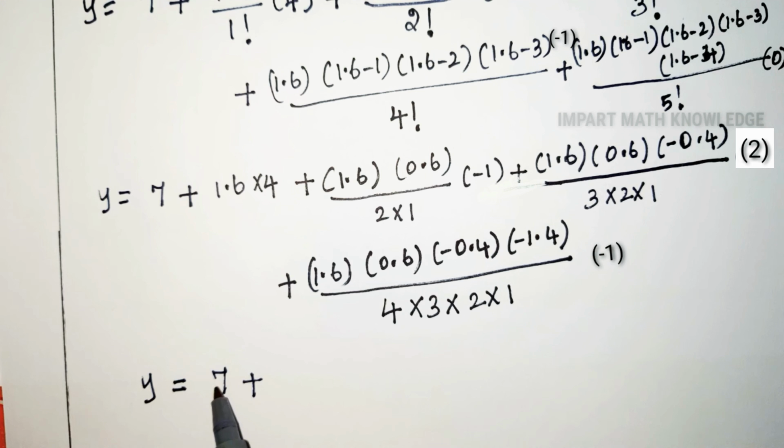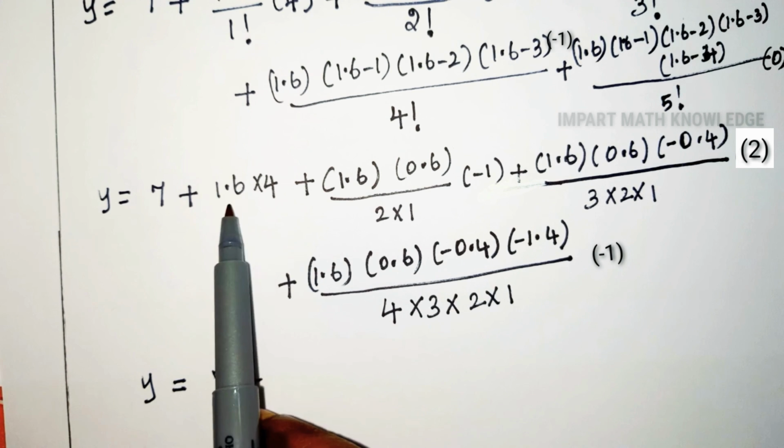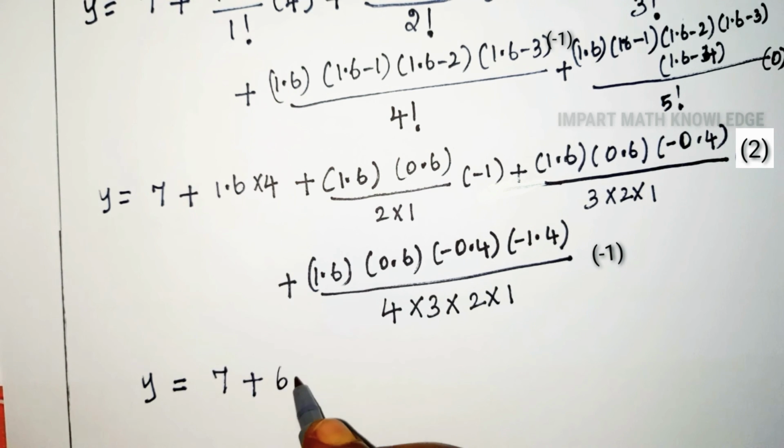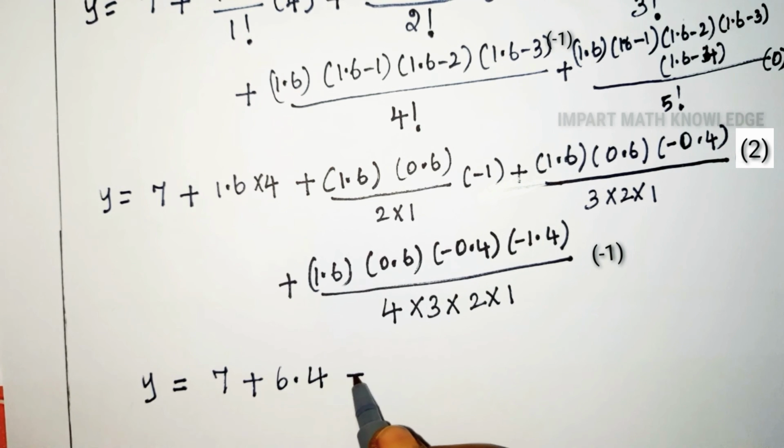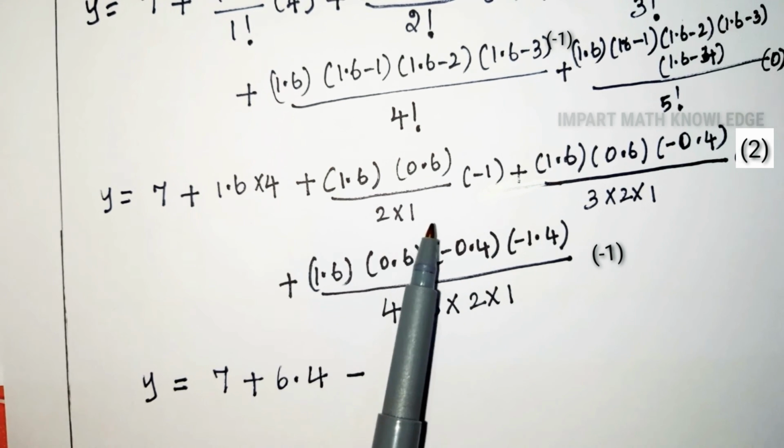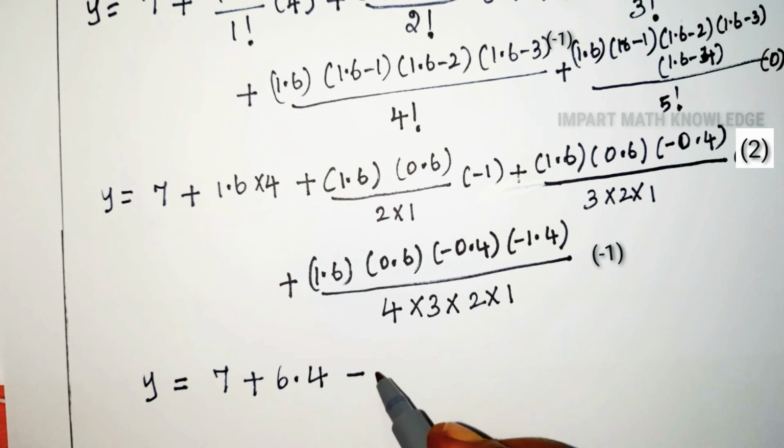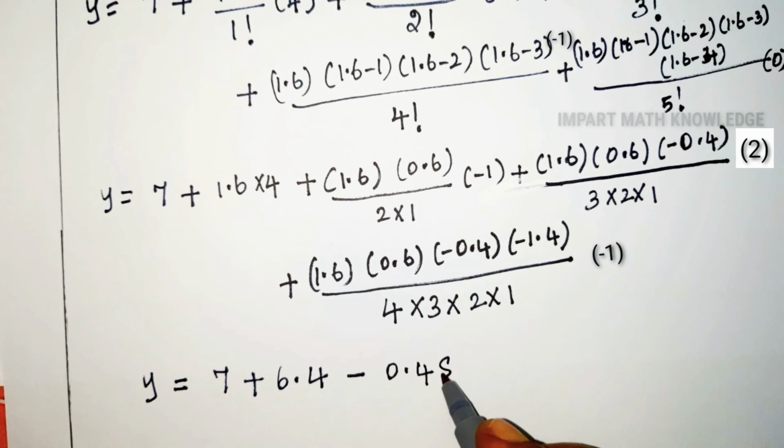y is equal to 7 plus 1.6 into 4 is 6.4, minus 1.6 into 0.6 divided by 2 is 0.48.